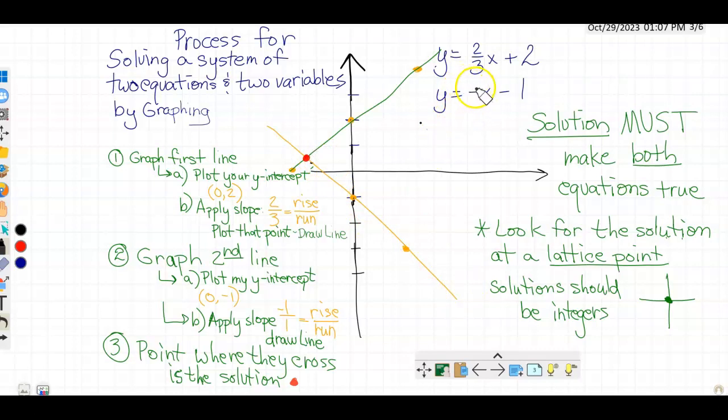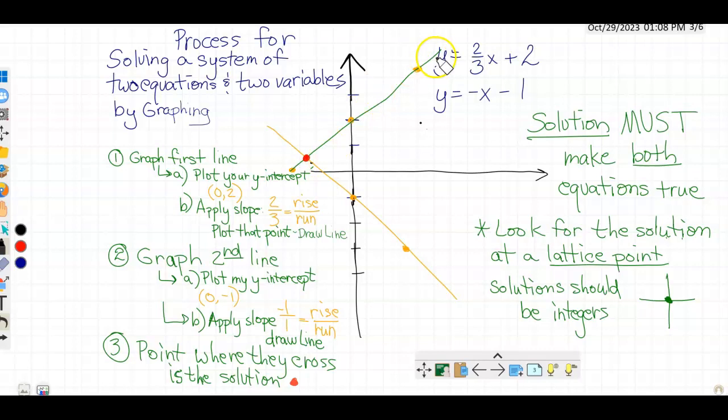Because you can see that even though there's no number in front of the x, the number that's implied to be there is 1. So -1 over 1 is your slope. And I show you this here and here. The point where the two lines cross is your solution. And you see I've marked the solution in red.